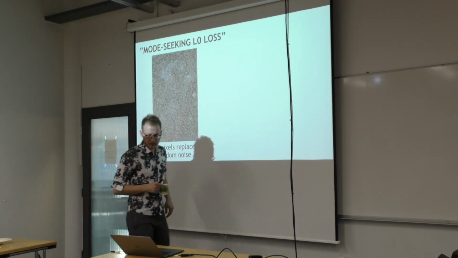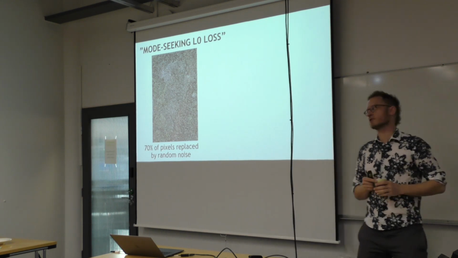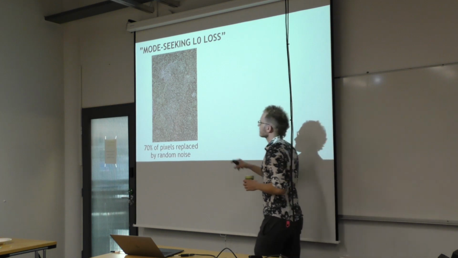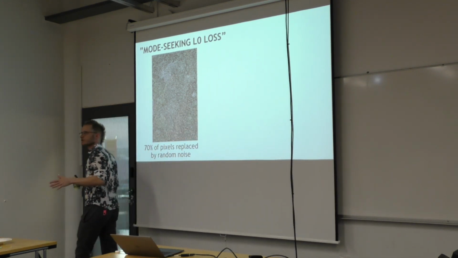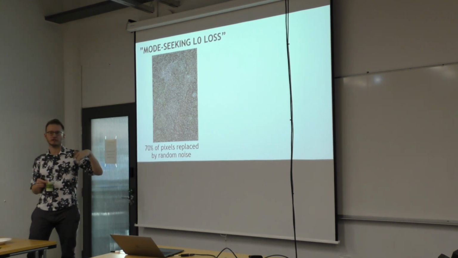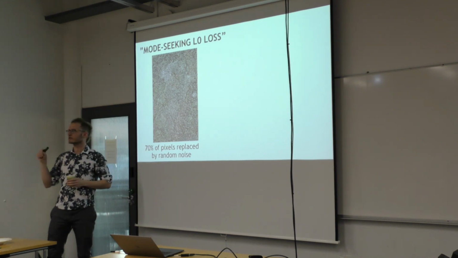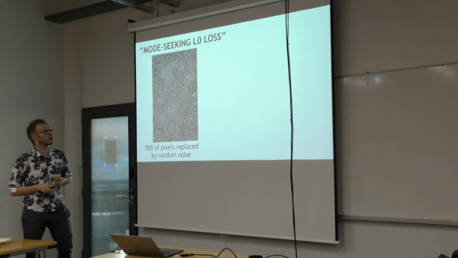The final example is even heavier corruption. So in this example, 70% of the pixels are replaced not with zeros, but with actual random noise. Pick 70% of the pixels at random, replace their value with a uniform random number between 0 and 1.